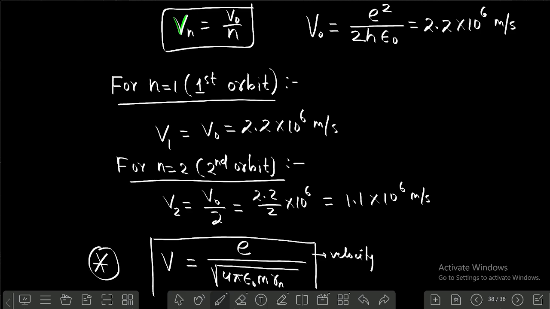Velocity of electron in nth orbit, Vn equals e by root under 4 pi epsilon naught m Rn. In terms of Rn you can write this one. Okay, you keep it.